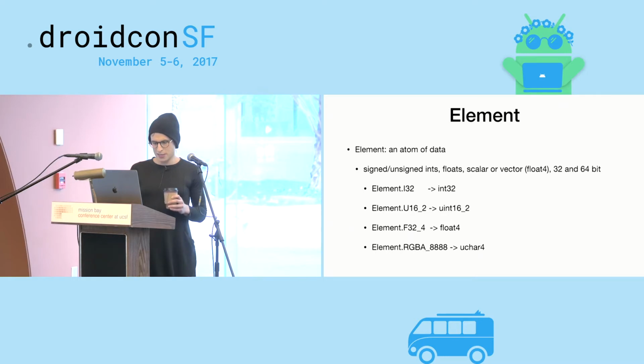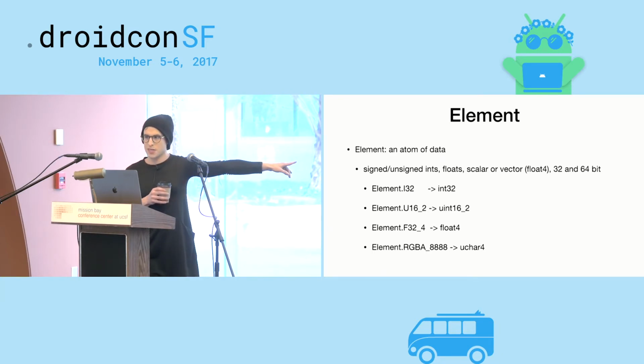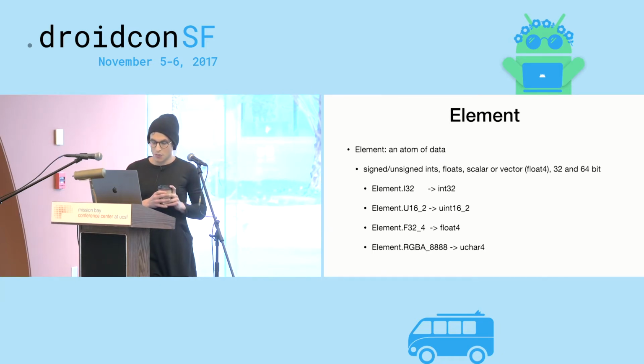They can be scalar or vector, like a float4. The one on the left is the Java class associated with it, and on the right is the Renderscript runtime type. The bottom one there is a pixel, RGBA 8888, and how you access it in the Renderscript runtime is as a char4.